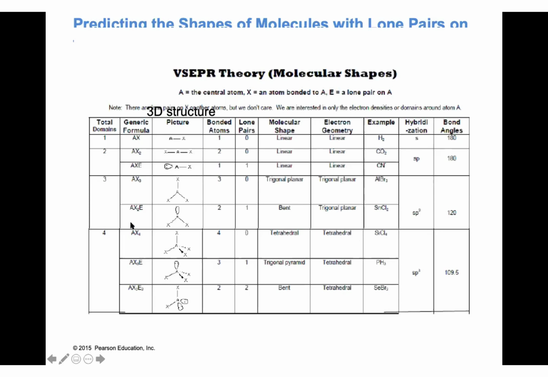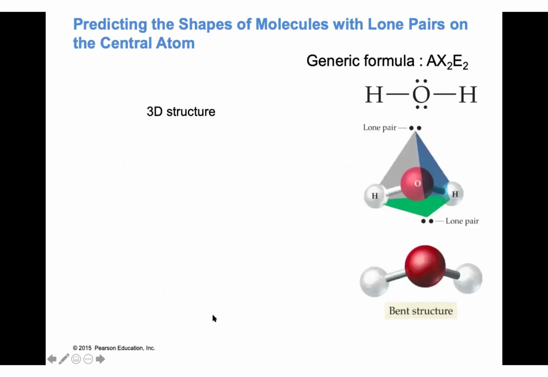Whatever central atom is X4, this is associated to it. And another one that we found for oxygen was X2E2. So this row belongs to the central atom which has a generic formula of X2E2.